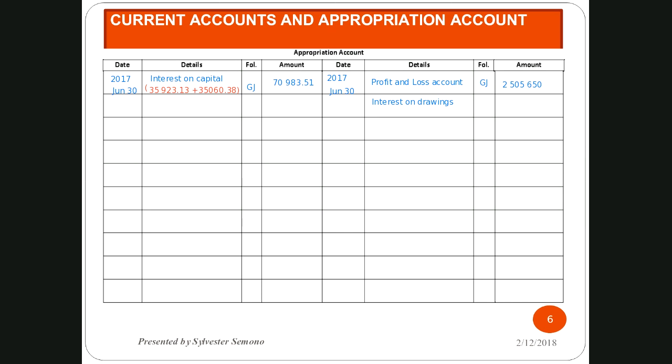I just want to check here. We have got interest for Sylvester as 1,584.90.